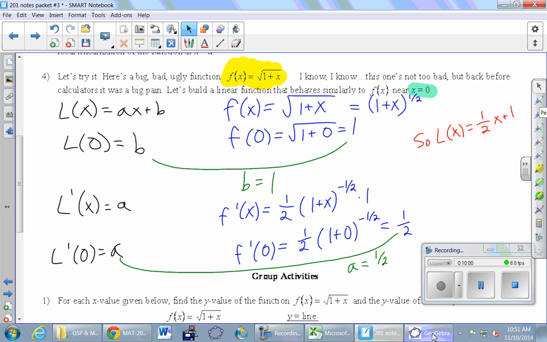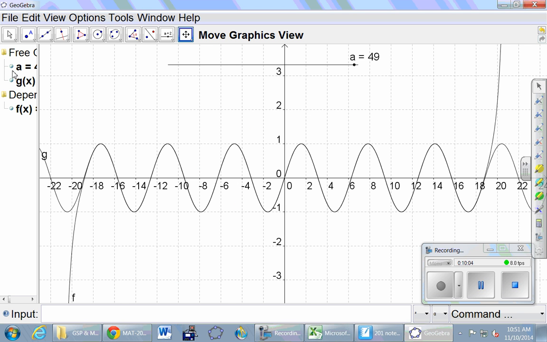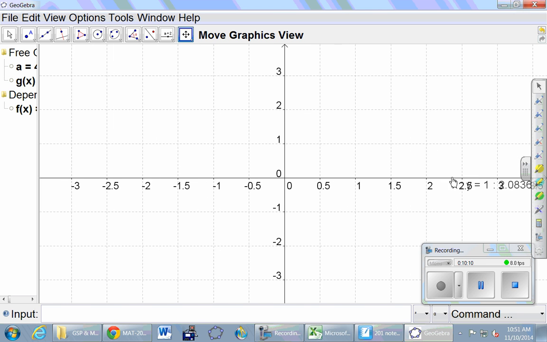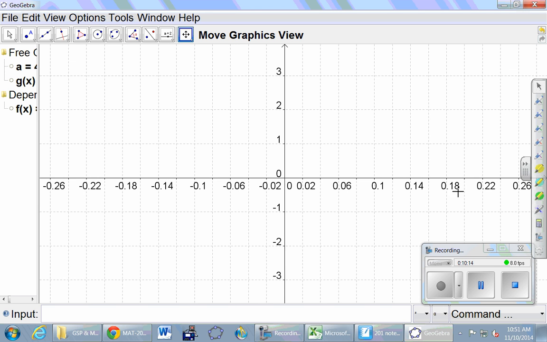So I'm going to come back here if everybody's got what they need from the notes. And I'm going to graph our two functions. So we're going to hide some stuff here, and I'm going to stretch this guy way out this way. Okay, that's pretty good.